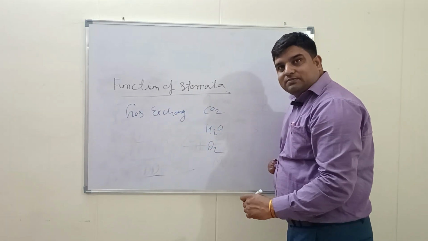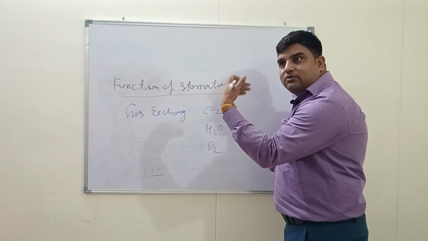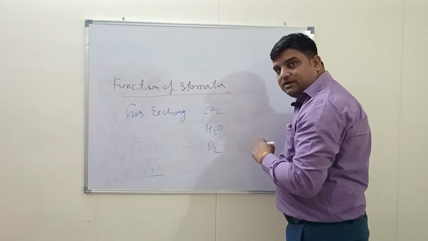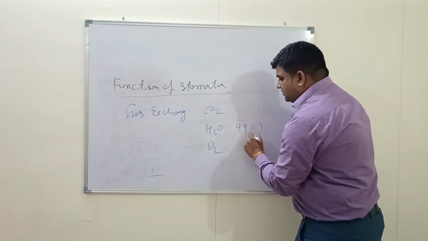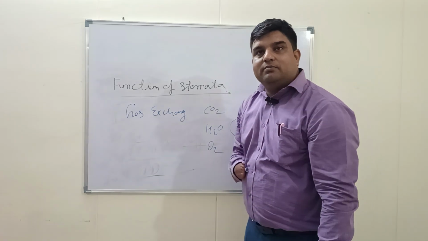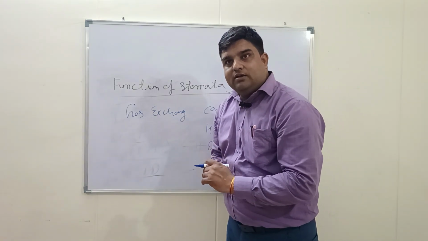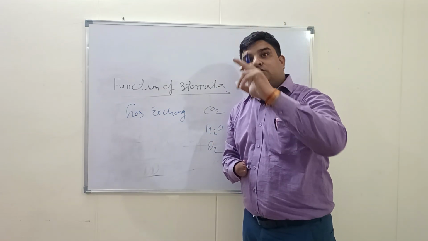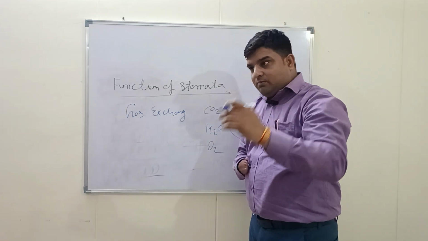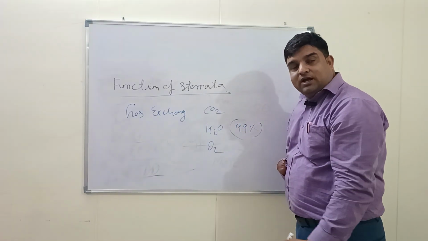Water released in the form of transpiration: the water released by stomata is called transpiration, and 99% of water is transpired through stomata. They account for only 2% of the leaf surface area, but they are responsible for 99% of the transpiration.